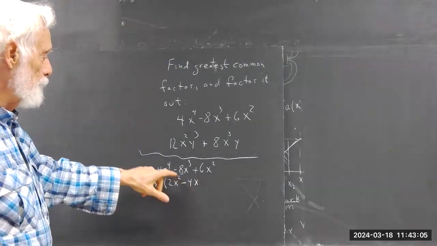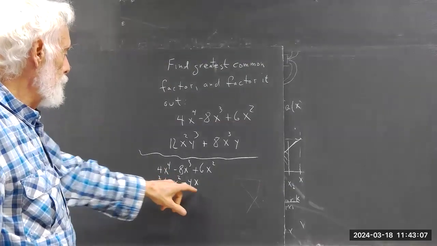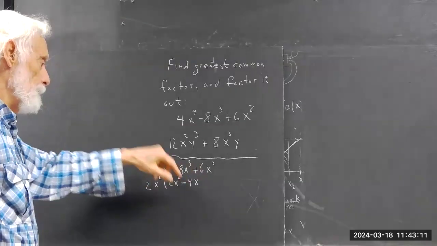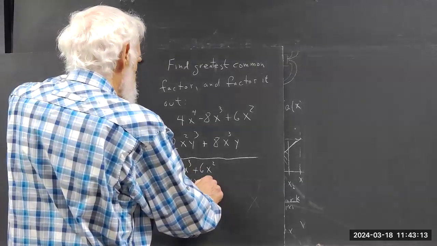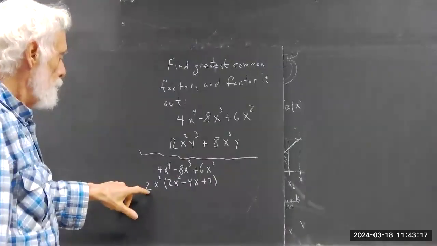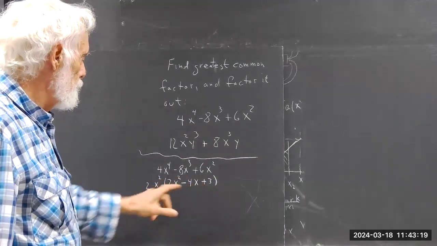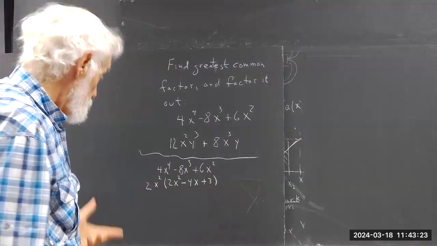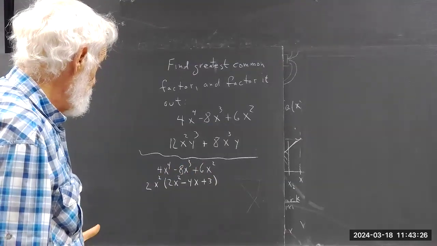It's 2 times minus 4 is minus 8. X squared times x is x cubed. And then 2x squared times what gives us 6x squared? Well, that's pretty clearly 3 because 2x squared times 3, 2 times 3 gives us 6. And we have the x squared. Okay, so there we have it.